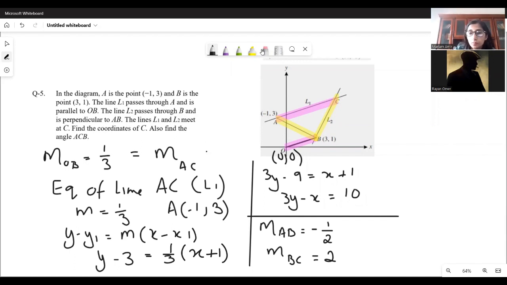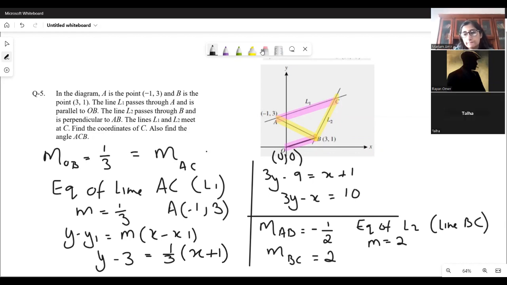Okay, so now let's find the equation of L2 or line BC. You have its slope, which is 2. Do you have a point through which BC is crossing? Do you have any point on line L2? Yes, miss, which is point B, (3, 1).